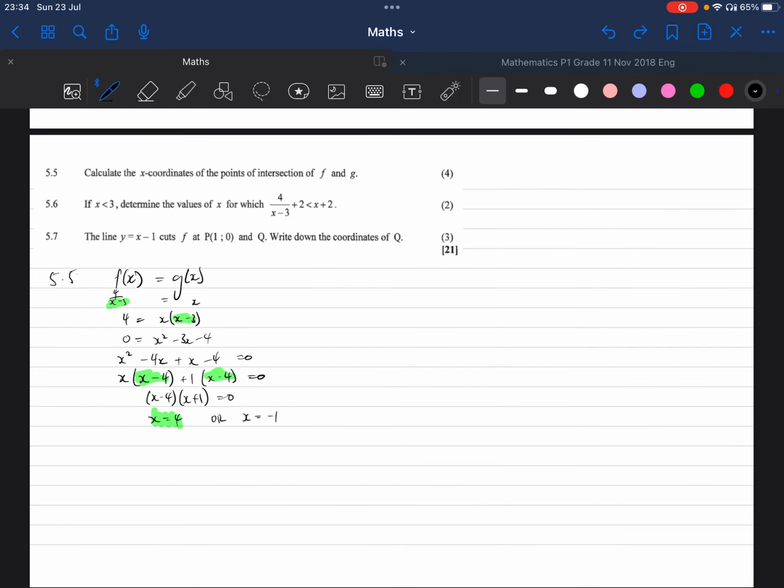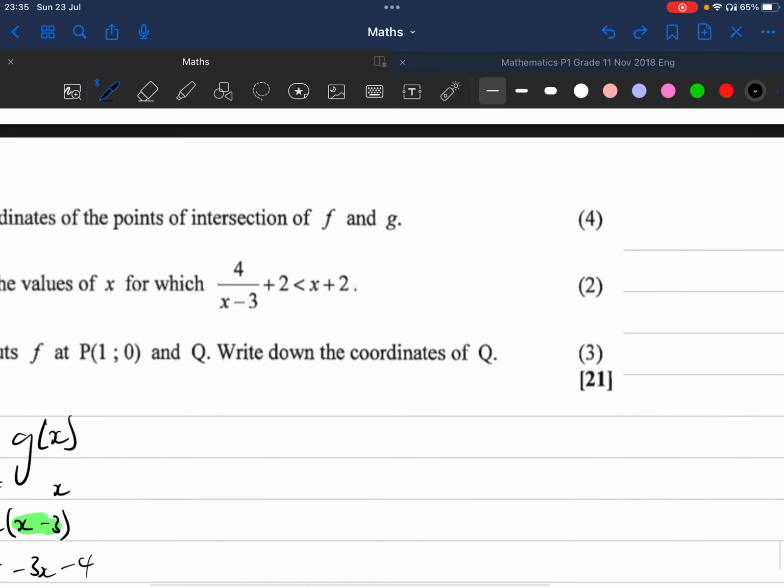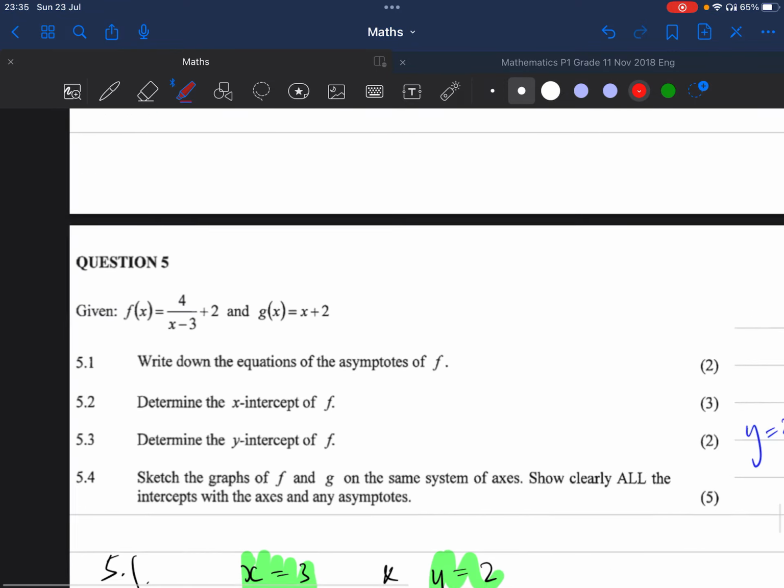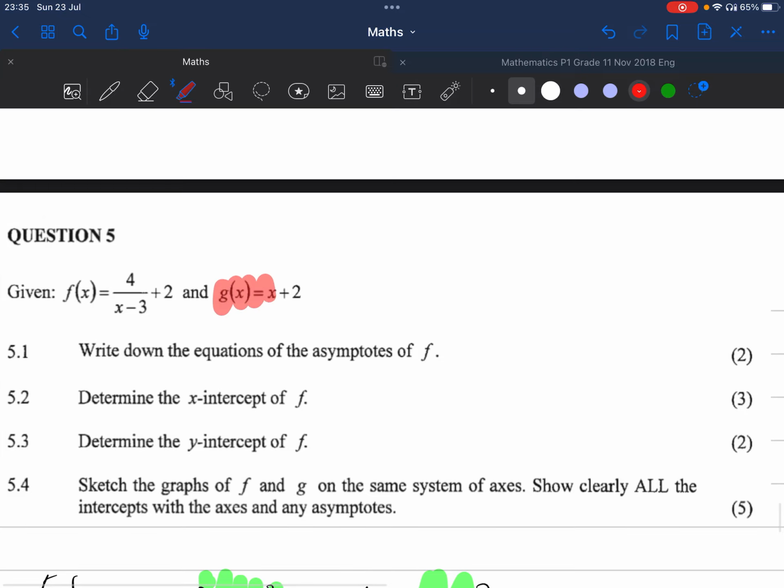Let's look at 5.6. If x is less than 3, determine the values of x for which 4 over x minus 3 plus 2 is less than x plus 2. Okay, so if we look carefully now, 4 over x minus 3 plus 2 and x plus 2 are literally just f and g, right? Those are the same exact equations.